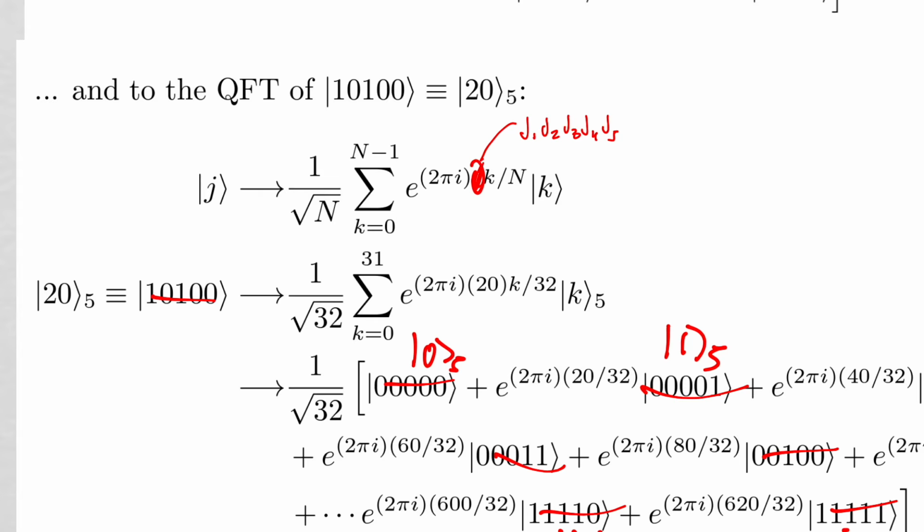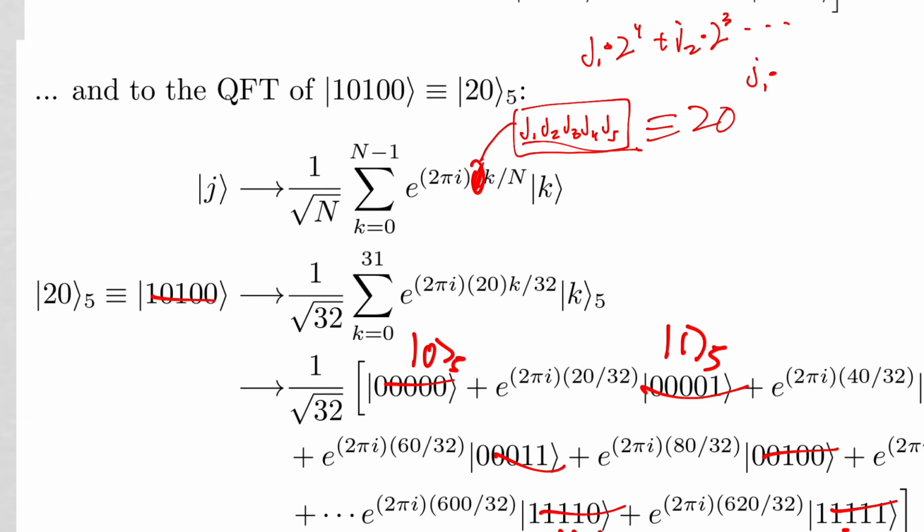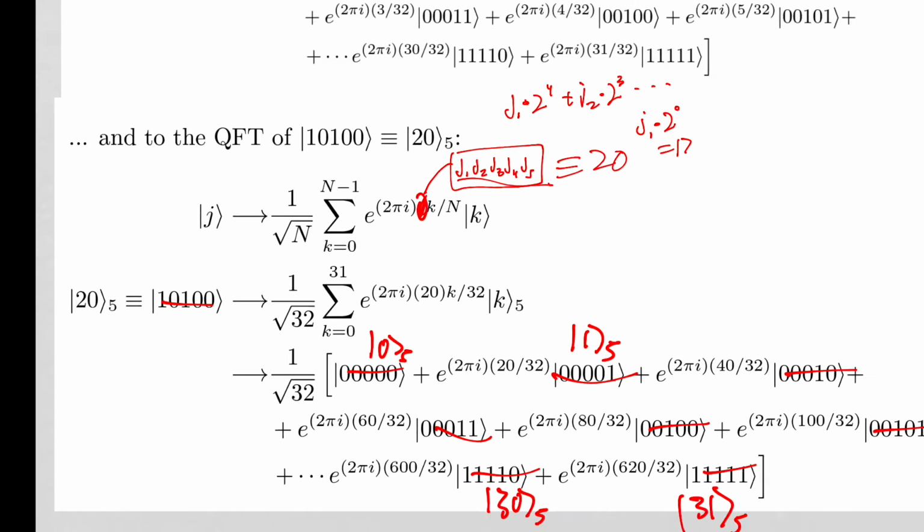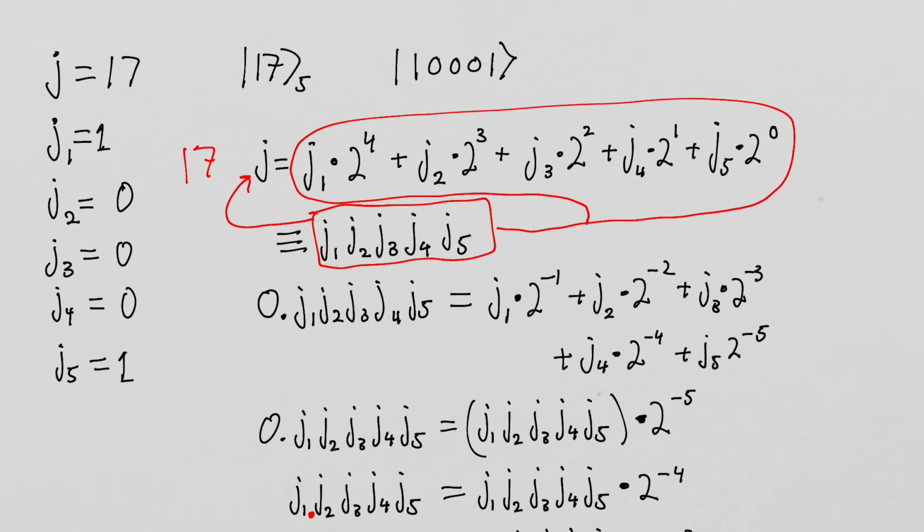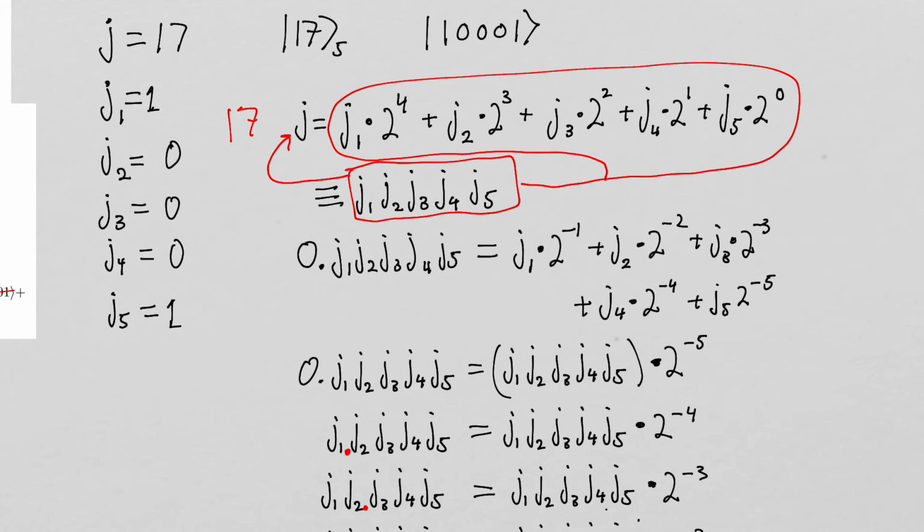Because this is a single number that's represented by j1 times 2 to the fourth plus j2 times 2 cubed, all the way down to j5 times 2 to the 0, which equals 17. So that's important and a touch confusing, I think. Hopefully I've explained it so there's no more confusion.